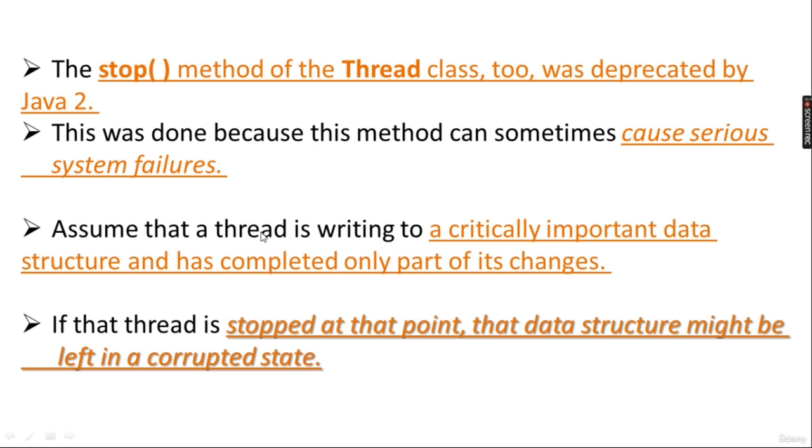So suspend is deprecated, stop is deprecated, and resume cannot be used without suspend. For cases like writing to critical data structures, this is the reason it is not used in newer Java versions.